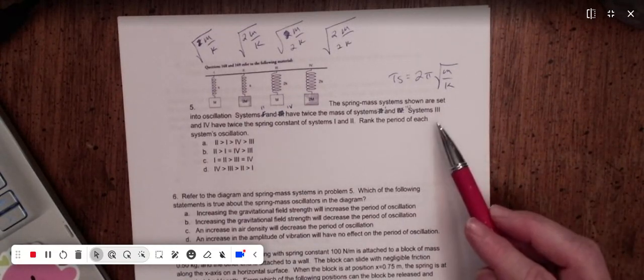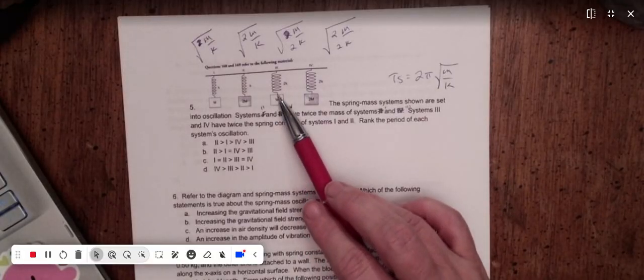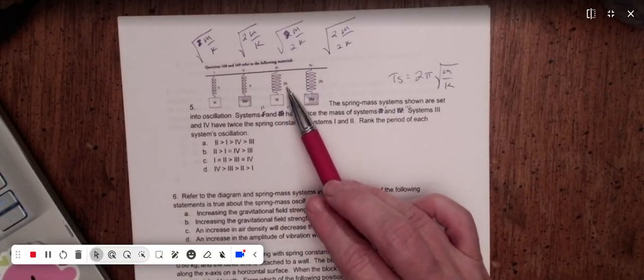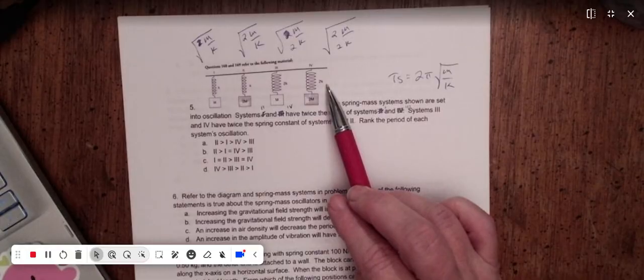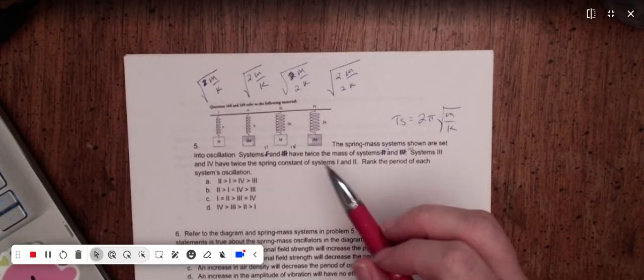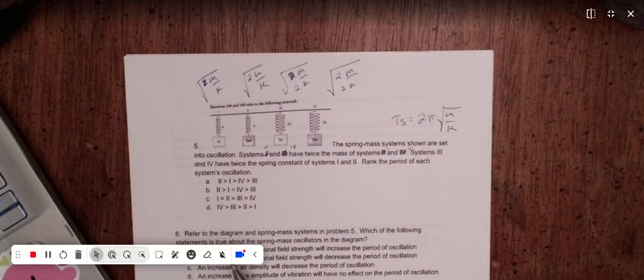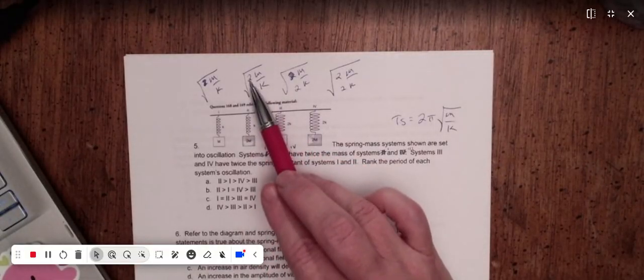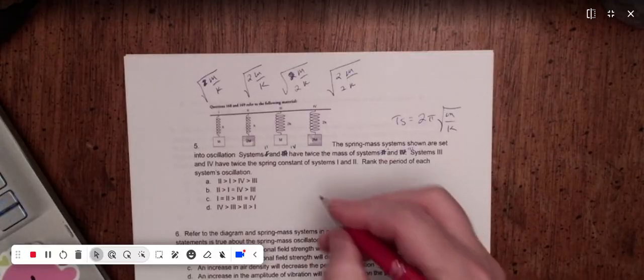So 3 and 4 still have twice the spring constant. And we can see that as well. Here's 2k and 2k. So what happens is 2 is going to have the greatest period value because it's 2π times the square root of m over k.